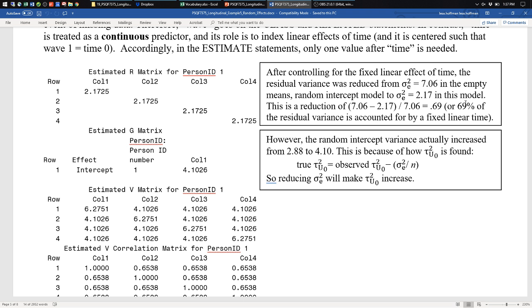Now, how much of the total variance was due to level 1 residual in the first place? Yeah, the ICC was 0.29, so it would be 71. So of the 71% of the variance that was over time, putting in a fixed effect of time explains 69% of that 71%.